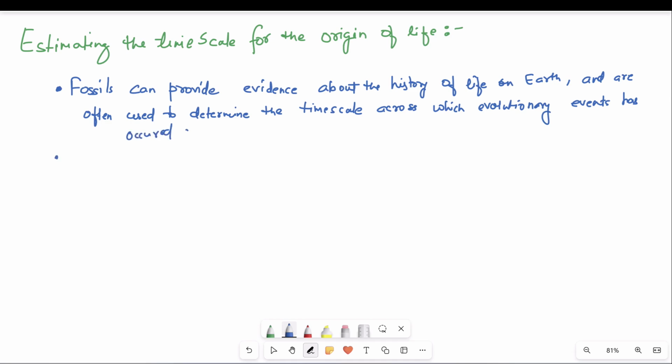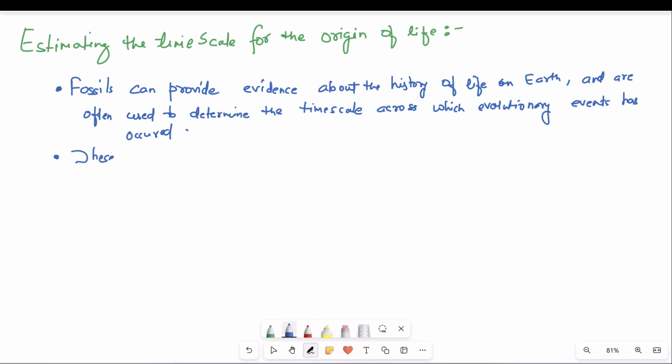Now, when you know these timescales can be established using some kind of techniques to date the fossils or the rock in which they are found. There are so many methods like carbon dating, radiometric dating. So these methods give the age of the rock.